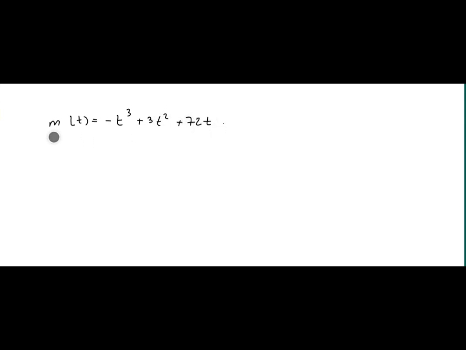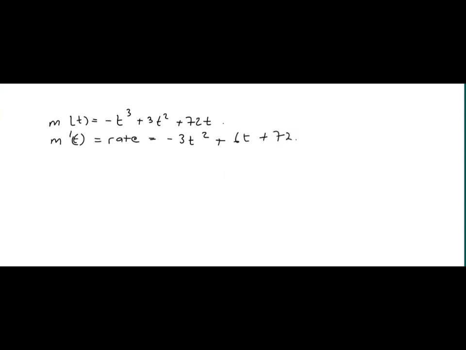I mentioned that the first derivative of this equation will describe the rate. So this is minus 3t squared plus, if you derive this, 6t plus 72.